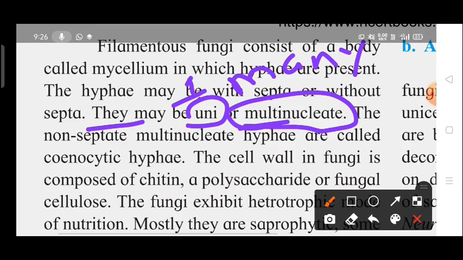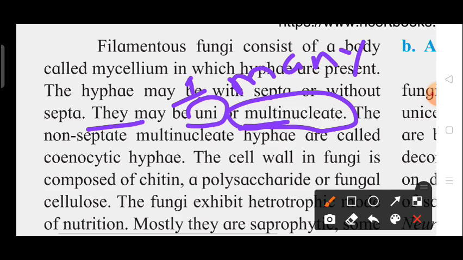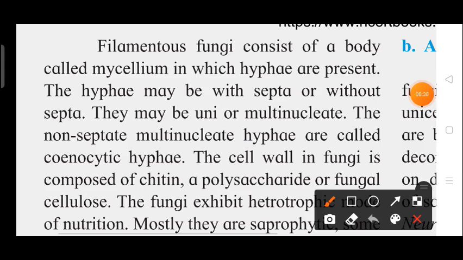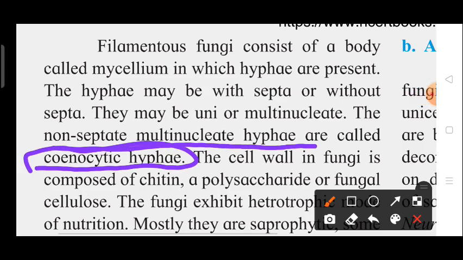When a cell has only one nucleus, it is called uninucleate, and when a cell has many nuclei, it is called multinucleate. The non-septate multinucleated hyphae are called coenocytic hyphae. Remember, coenocytic hyphae means non-septate, continuous, and having many nuclei.